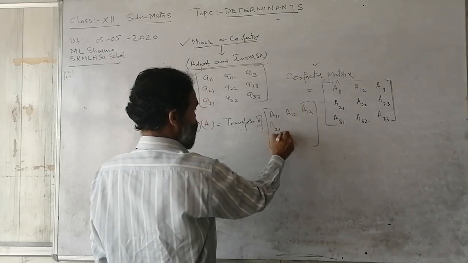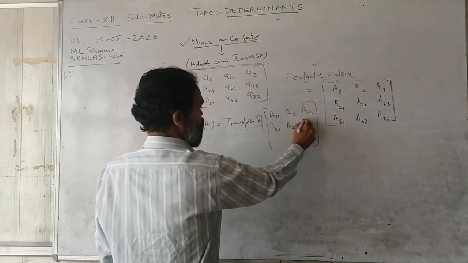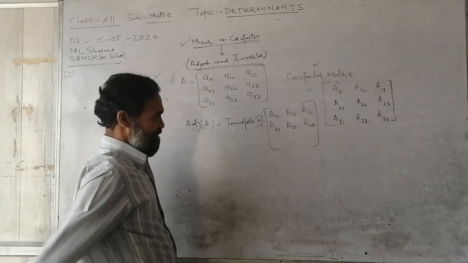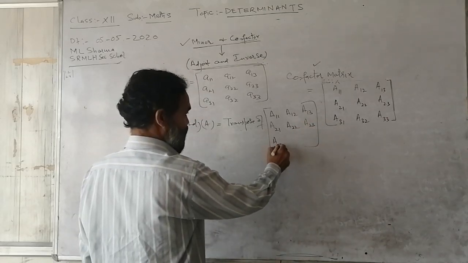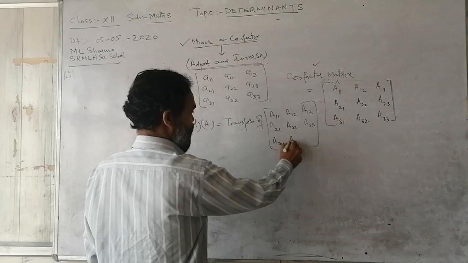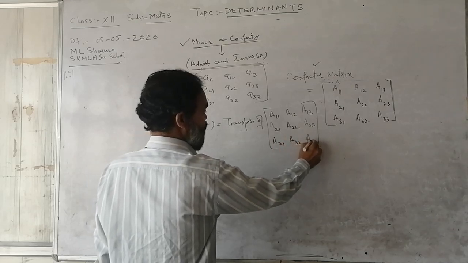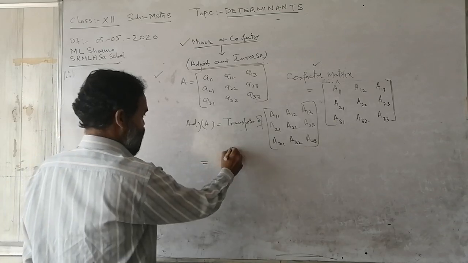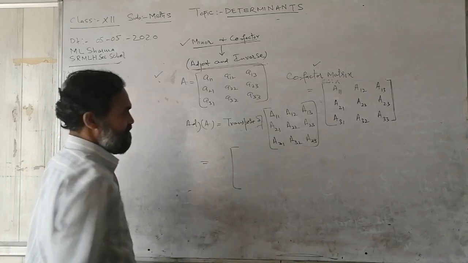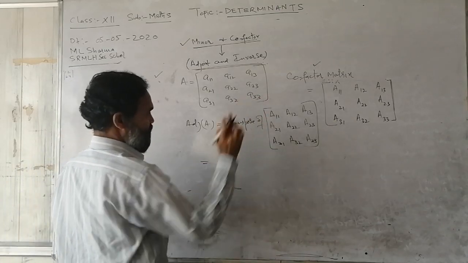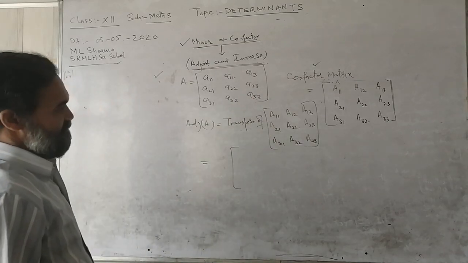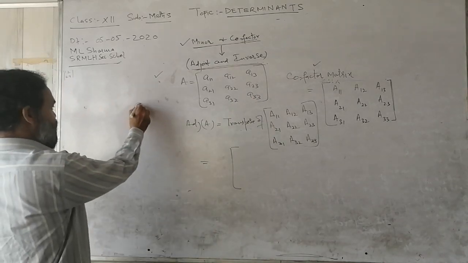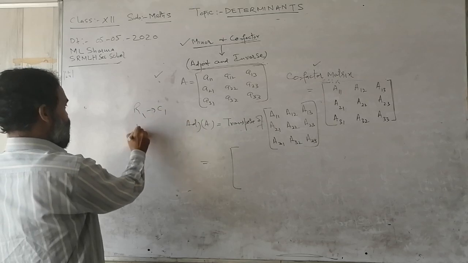Then A21, A22, A23. Likewise, the third row. So I can write adjoint equal to the transpose of this. When we have to find the transpose, we change rows into columns.